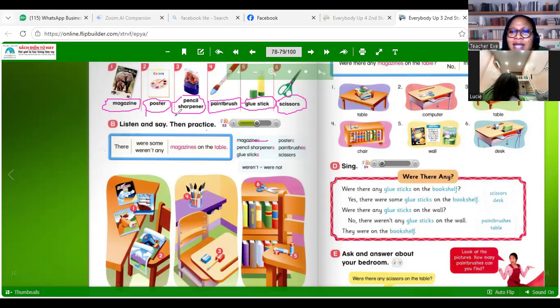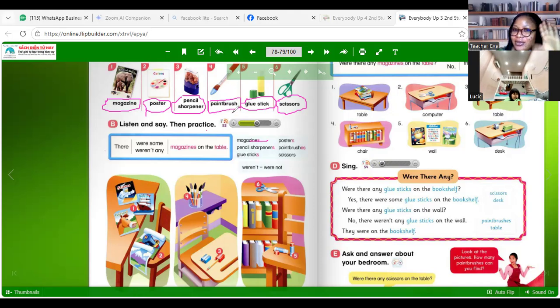Then number 3. Pencil sharpener. Correct. Okay. Then number 4. Paintbrush.